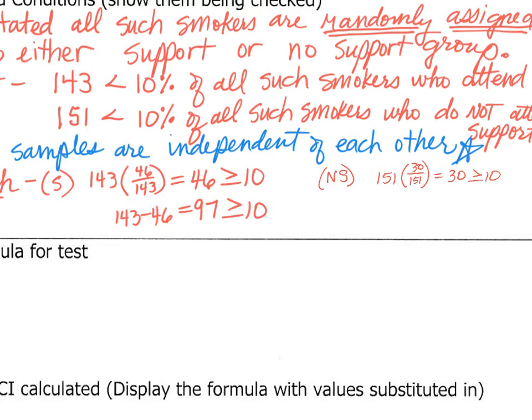If there are 30 successes, then how many non-successes are there? 121. Okay, so I've got to find out the failures. There's 121 failures. So that means there were 4 statements you had to write there, not just 2, because you had 2 for one group and 2 for the other group. And we conclude this by saying, of course, normal model applies.